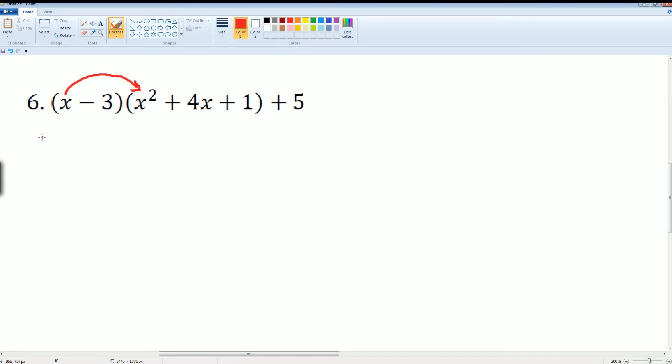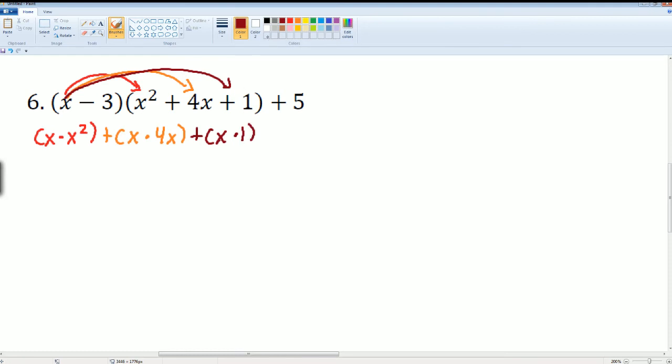So this becomes x times x squared. Then you have x times the second term. So plus x times 4x. Then you have x times the third term. x times 1. Then you are done here.